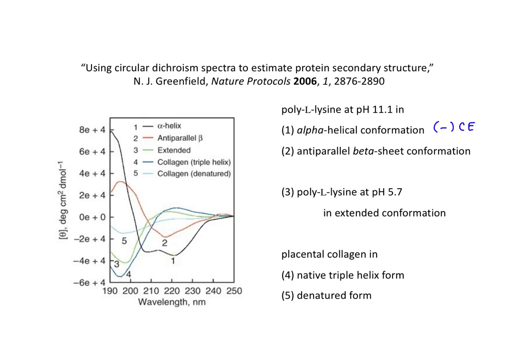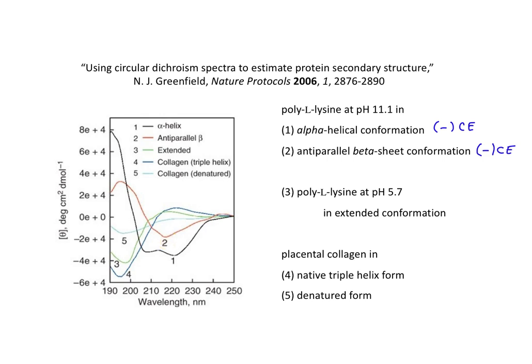The anti-parallel beta sheet conformation, which is 2, and the red curve, also exhibits a negative Cotton effect, but it is a weaker Cotton effect. And you can definitely see a difference in the shapes for conformers 1 and 2.